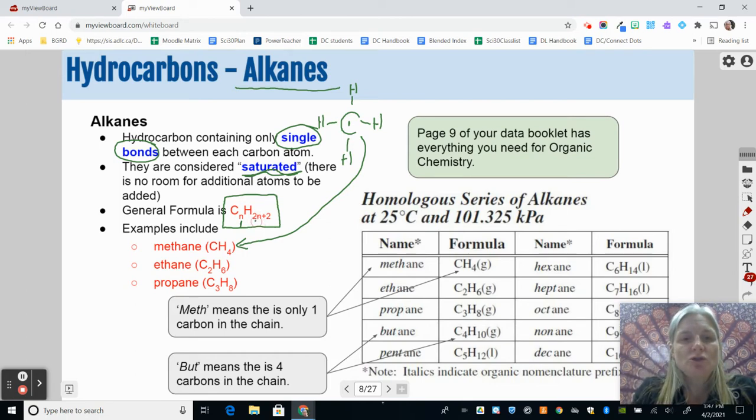You go 2 times the 1 plus 2. So 2 times 1 is 2, plus 2 is 4. So according to this formula, you would have 4 hydrogens. So CH4, and that's 1, 2, 3, 4. So our formula works.